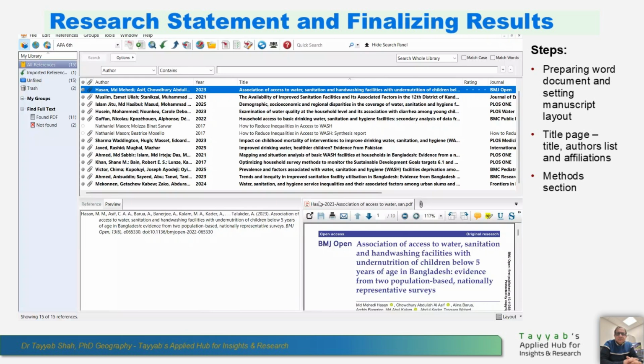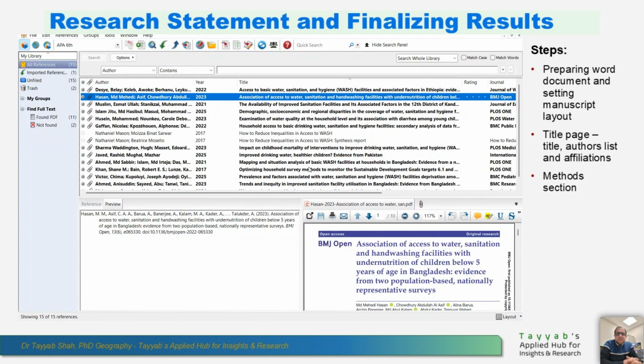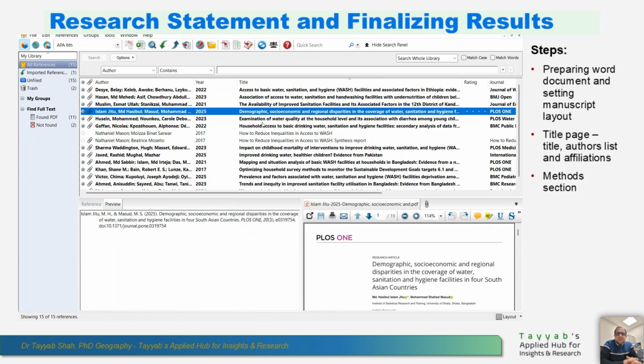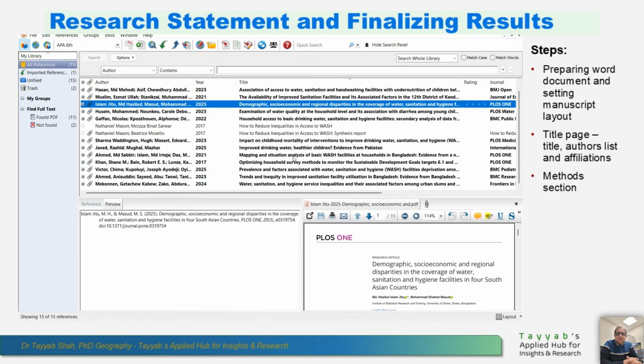I will keep adding more papers on specific things as I write, so it is going to be over 20 or close to 30 papers which I can cite during my write-up. I need one or two key papers which I can rely on. In this case, I have one paper which I will discuss in the next section, how it is important and how it connects with my research idea.